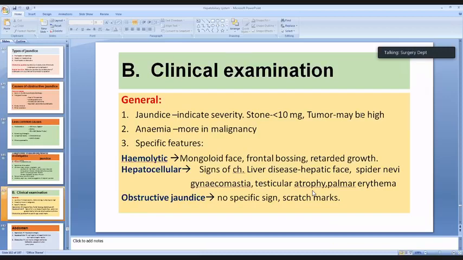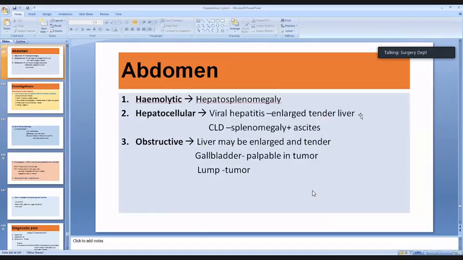but in some cases, particularly in malignant disease, the gallbladder may be palpable, and there might be scratch marks because of excess itching all over the body, more in the upper part. On abdominal examination, in hemolytic anemia you get enlargement of the liver and spleen, hepatosplenomegaly.